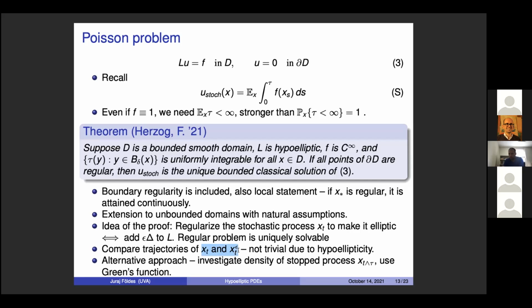The whole problem is how to compare the trajectories of the hypoelliptic problem, which might be deterministic, and the stochastic one, which is jumping all around. There's an alternative approach that investigates the density of the stopped process as before, and there is a use of the Green's function. So even the Green's functions for the hypoelliptic problems, and I think this is a cleaner and more straightforward way. This is the way it's supposed to be done.